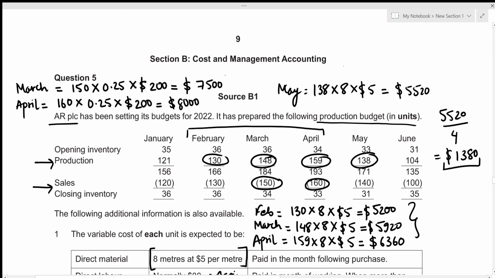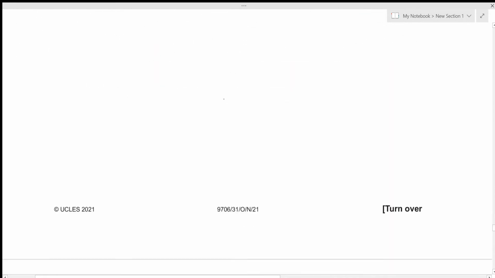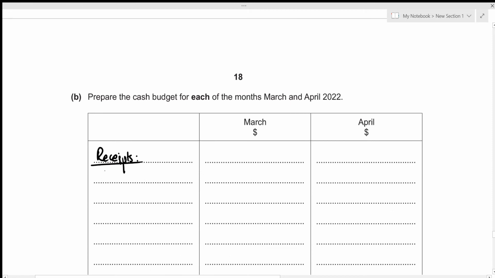So let's record these two amounts under the heading of cash sales in the receipt section of our cash budget. So that's cash sales, and for March it was 7,500, whereas for April it was 8,000.